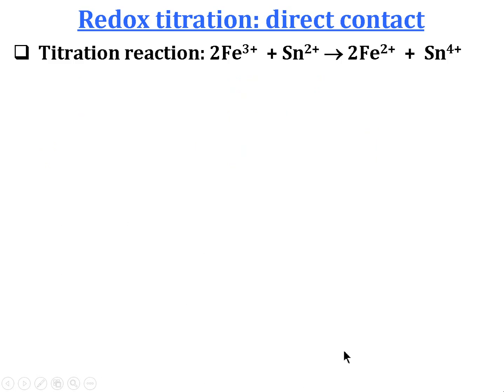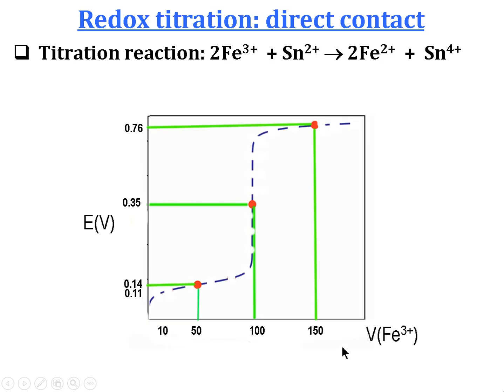So now we draw E of the solution, or the electrode potential, as a function of the volume of Fe3+ added for 50 ml. For 10 ml Fe3+, the potential of the solution equals 0.11. For 50 ml, the potential of the solution is 0.14.